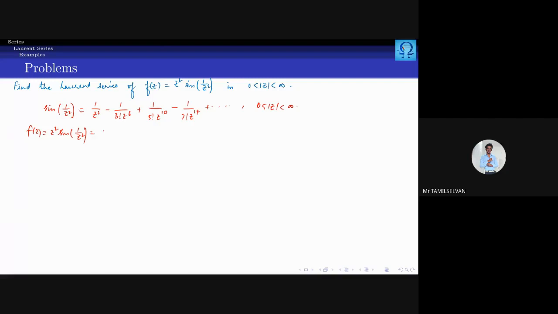So when you multiply your z squared with the quantity that you have, what do you have? 1 minus 1 by 3 factorial z to the power 4, plus 1 by 5 factorial z to the power 8, minus 1 by 7 factorial z to the power 12, etc.